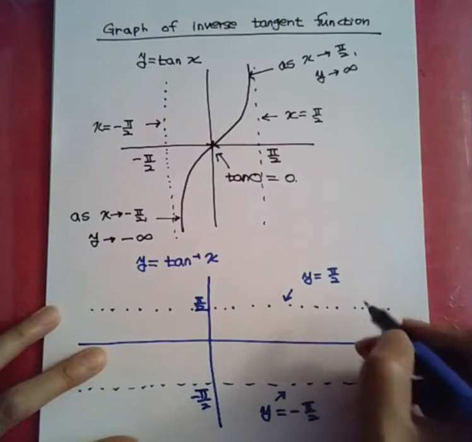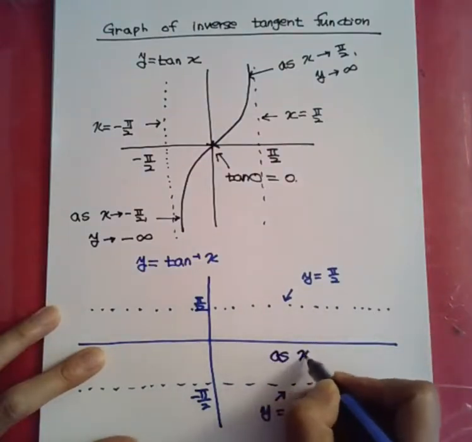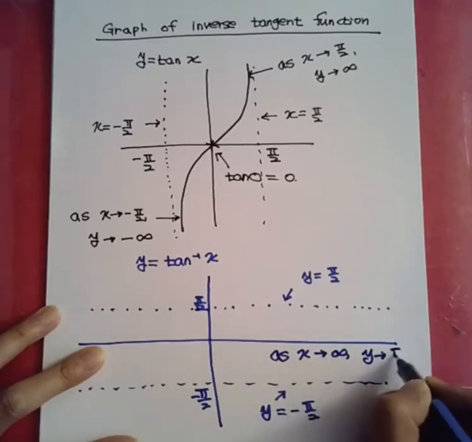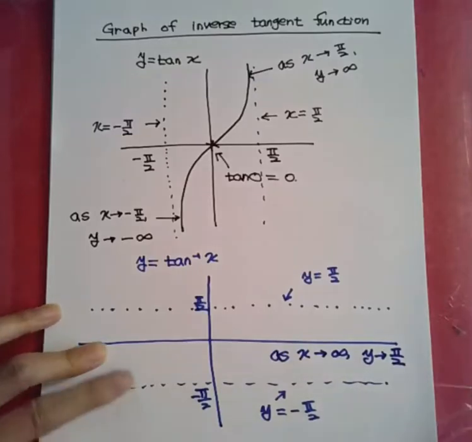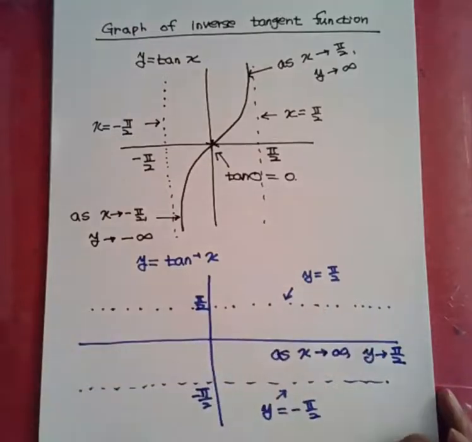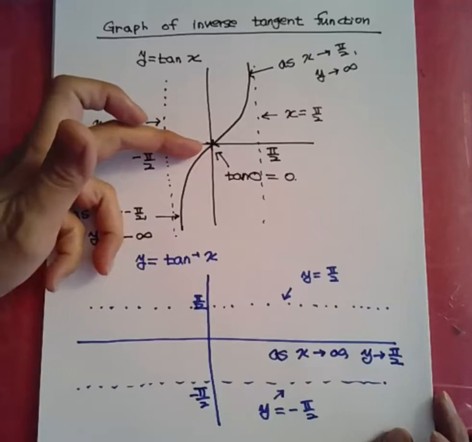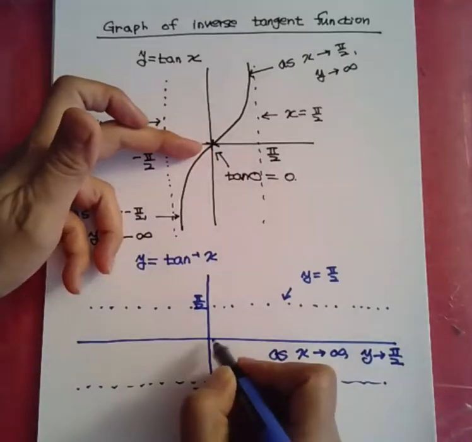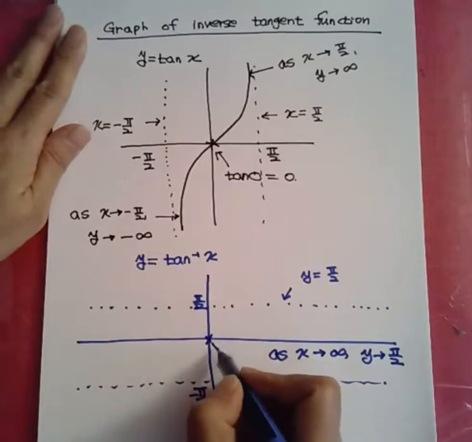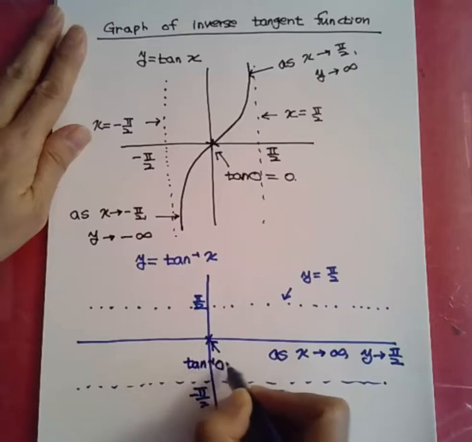Let's write down: as x goes to infinity, y goes to pi over 2. So y became x, x became y. Tangent of 0 equals 0 even when you switch input and output, we get the same conclusion. Tangent inverse of 0 becomes 0.